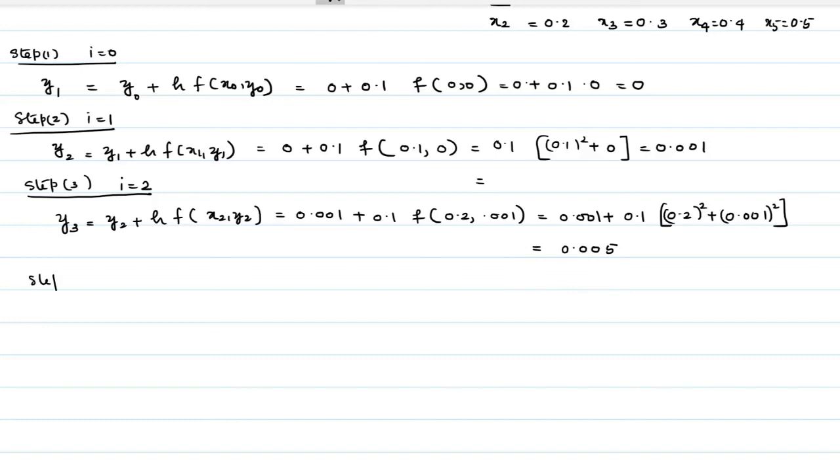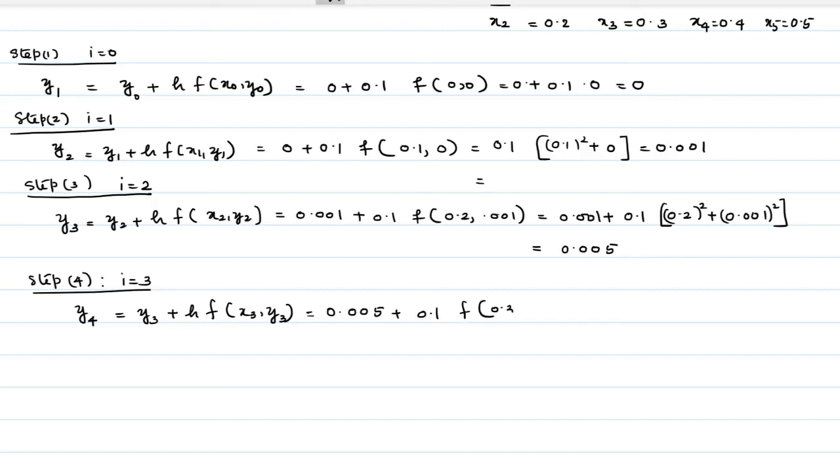And for step 4, i is equal to 3. When i is equal to 3, we will get yi plus 1, y4, equal to y3 plus h into f of x3 y3, right? Which is equal to y3 we have calculated as 0.005 plus h into f of x3, x3 is 0.3, comma y3 is 0.005, right?